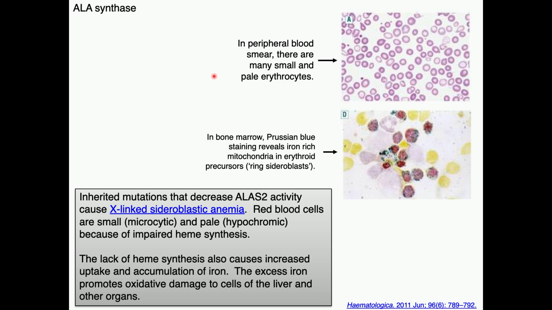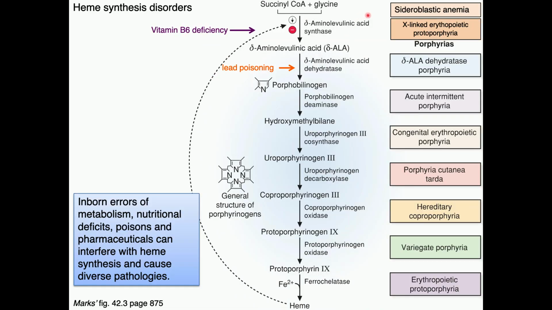Okay, so sideroblastic anemia is X-linked because the ALAS2 gene is on the X chromosome. If we look at this pathway, this is the only one that is not going to have features of a porphyria.